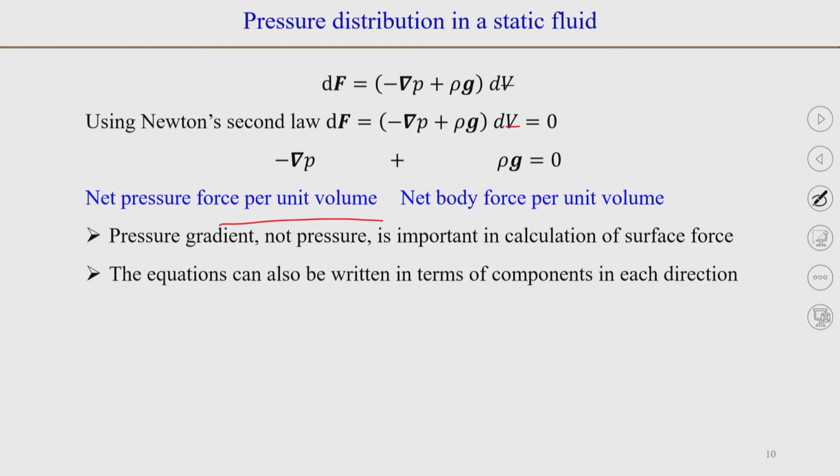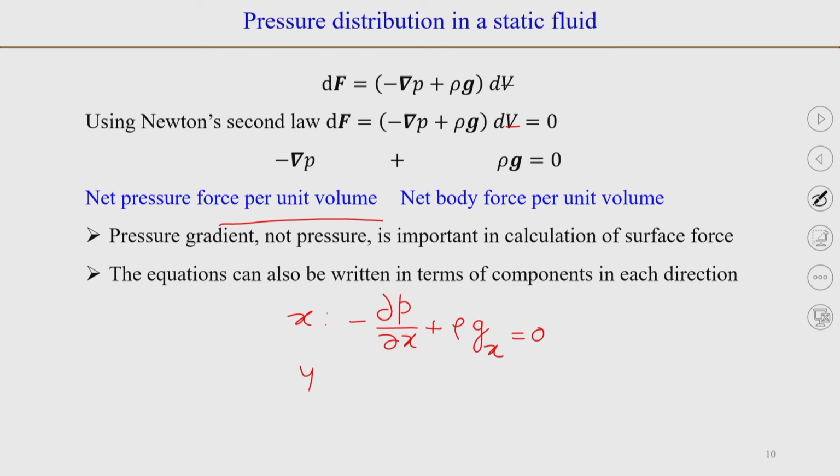So, this equation is in the vector form, and we can write it in different component forms. If we write along the x direction, we will have minus del p over del x plus rho g x is equal to 0.